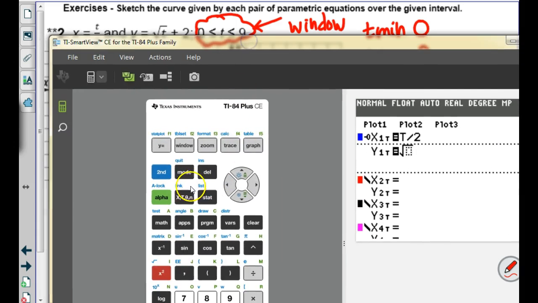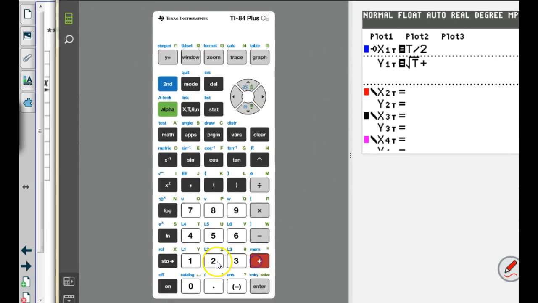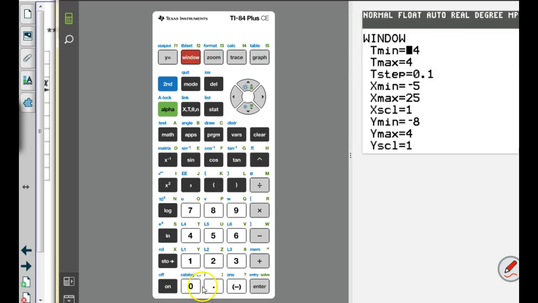Square root of T, and make sure the +2 is not underneath there. It's got an arrow to the right so that's not under the box. And then my window needs to be 0 to 9.